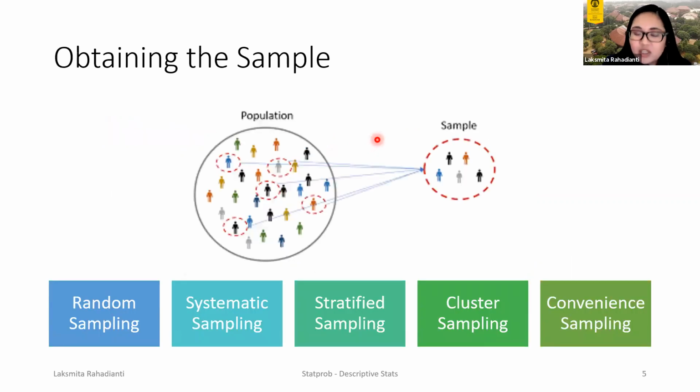This is just a repetition of what we already talked about previously. In order for us to make a reliable inference about the population from the sample, we cannot just take any sample we want. We must do it responsibly using the standard sampling methods that we already talked about previously.